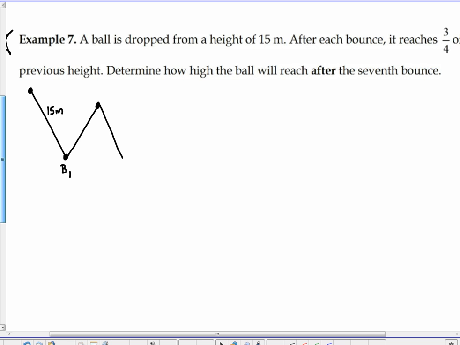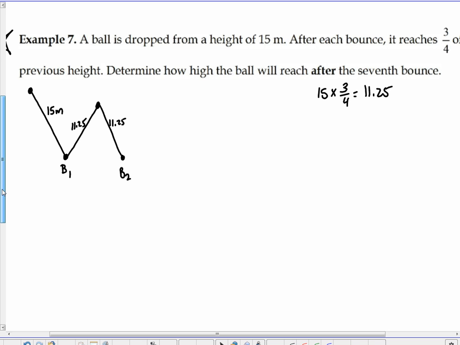So how high is that? 12 point something? 75? Yeah, that's right. 11.25? Up 11.25 and then down 11.25, right? It's a bouncing ball. If it goes up, it must come down the same height.